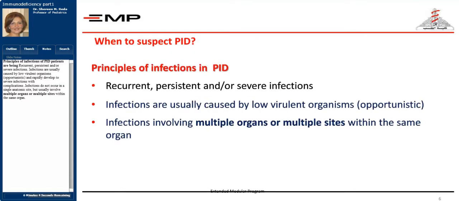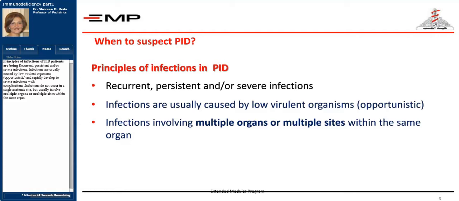The question here is when to suspect primary immune deficiency. First, there are principles of infection in primary immune deficiency that distinguish these infections from other common infections that occur in non-PID patients. The infection is recurrent, persistent, or sometimes severe with a fulminant course.